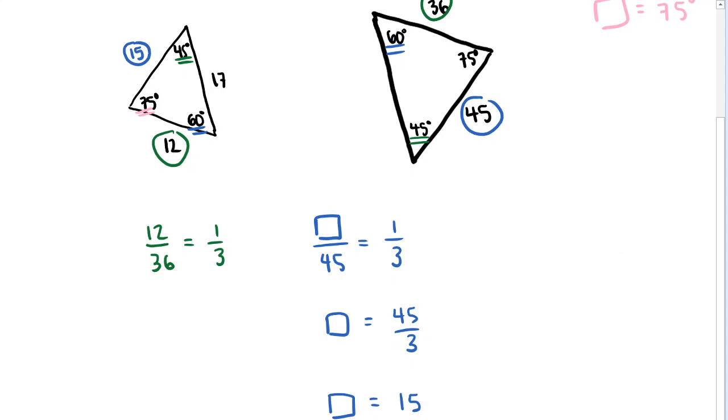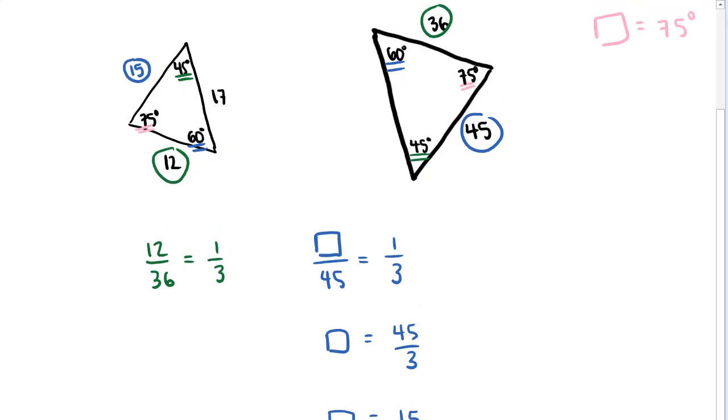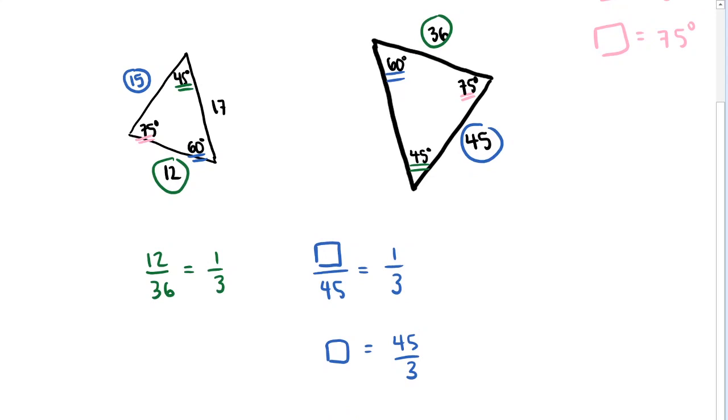Okay, so we have one more side length to figure out, and that's the side length corresponding to our angle of 75 degrees. Here we know that we've got 17 as a measurement of the side length of the first triangle, and we've got a missing side length as a measurement of our second. So we should get 17 divided by this missing side length is going to give us 1 over 3.